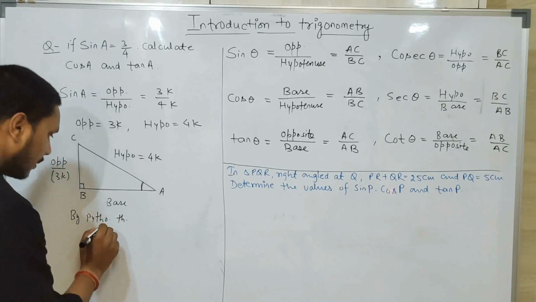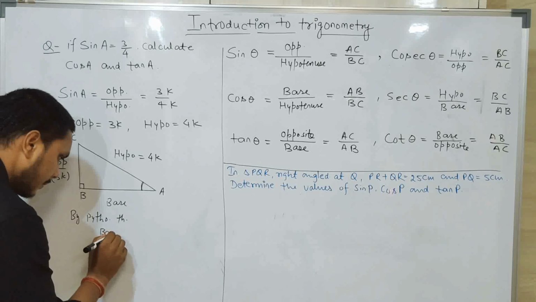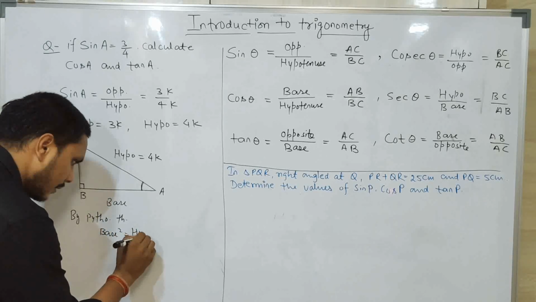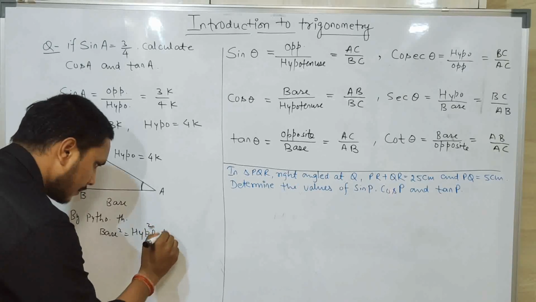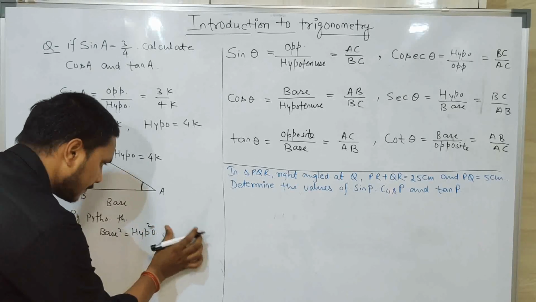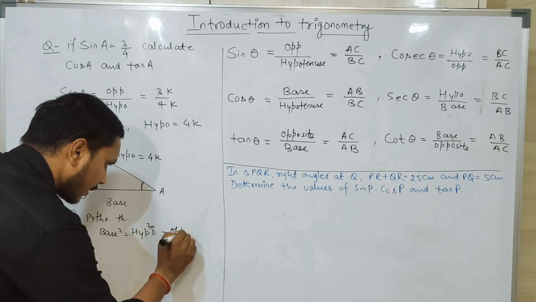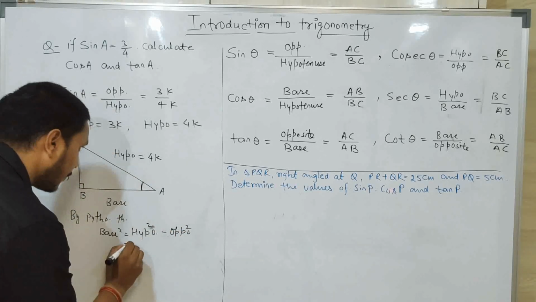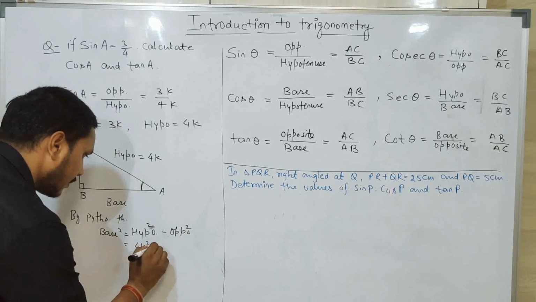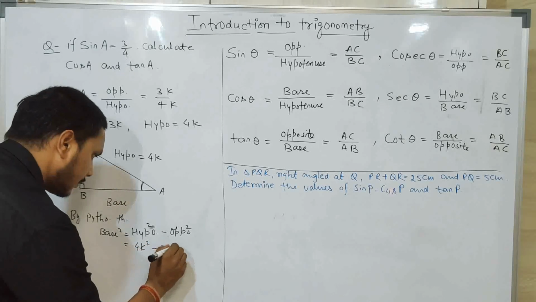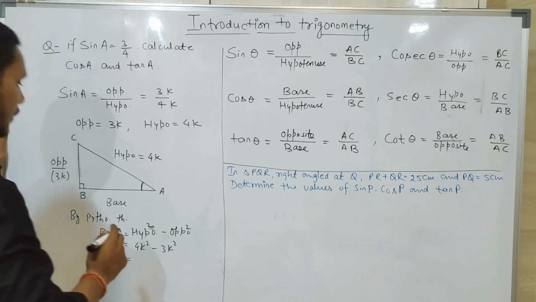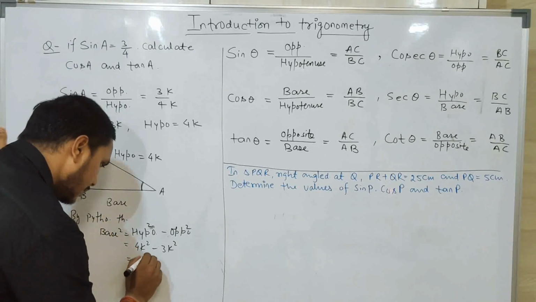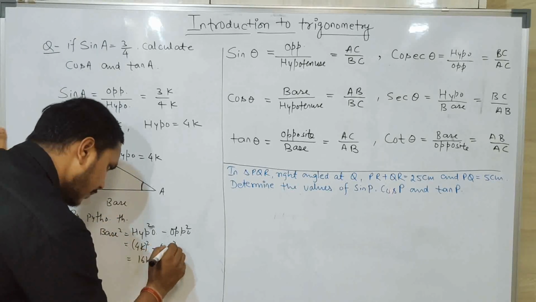Simple, base square equals hypo square minus opposite square. Now hypo is 4k square minus 3k square. Okay, so here 4k squared means 16k square, the whole square we write as whole square.